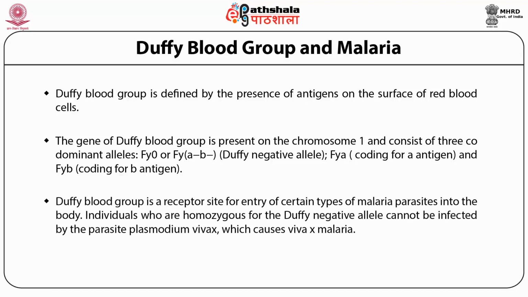Individuals who are homozygous for the Duffy negative allele cannot be infected by Plasmodium vivax, which causes vivax malaria. A selection of the Duffy negative allele is expected in populations experiencing vivax malaria, ultimately leading to fixation of this allele.